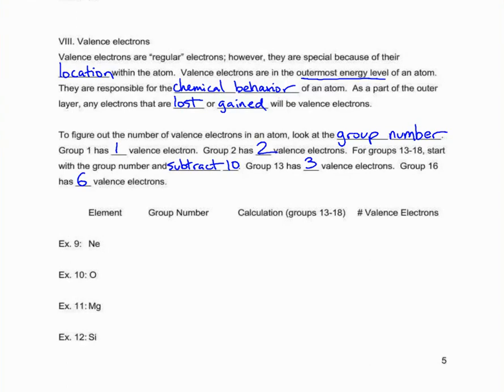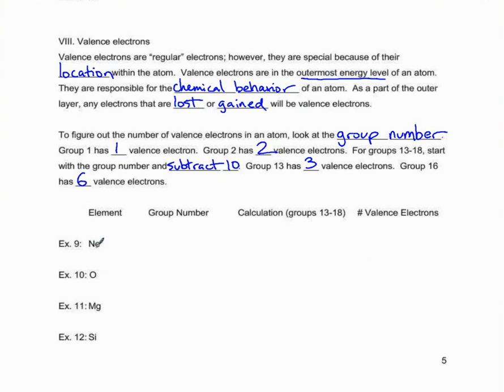We've been using the same 4 elements for all the examples in this unit. We're going to continue on with that one. So neon is our first element. First, you need to look at the periodic table and find its group number.